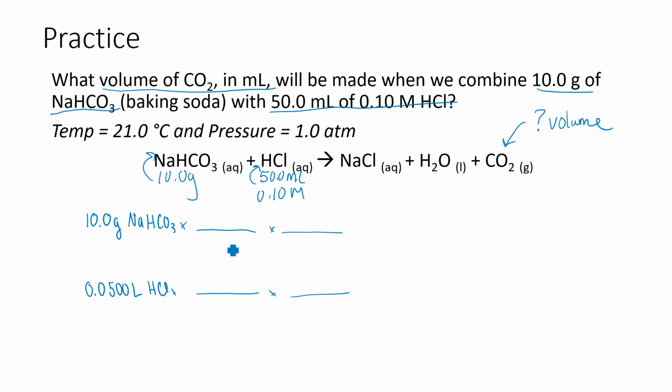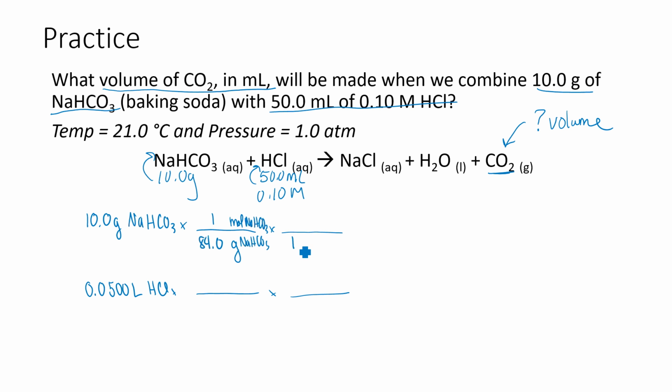Our first step in any stoich problem is to find moles. In this case, I want to go from grams baking soda to moles baking soda. That relationship I find looking at the periodic table. So I see that 1 mole of baking soda weighs 84.0 grams. And then I want to find moles of CO2.